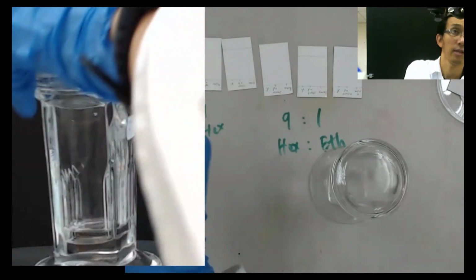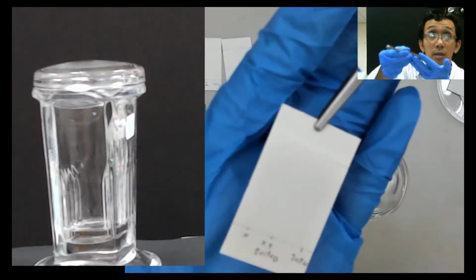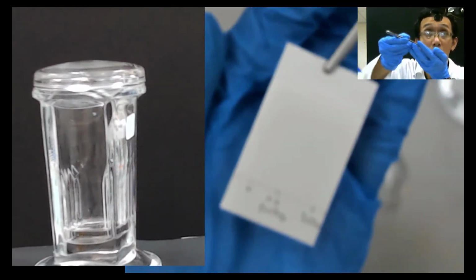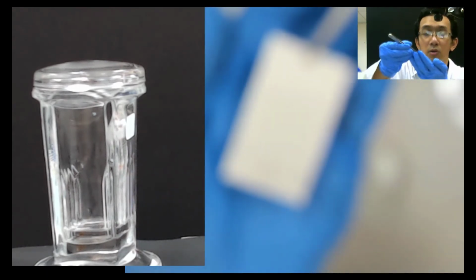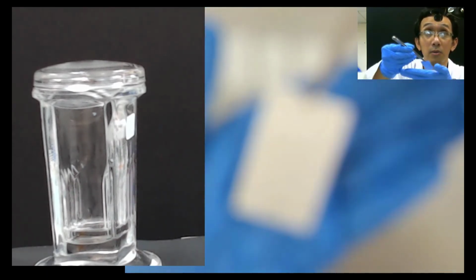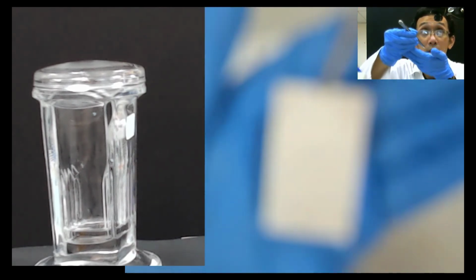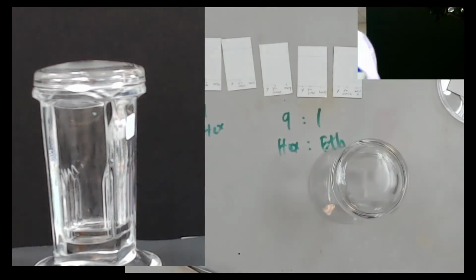So we take it out. Okay, if you see under here, can you see here? I don't know whether you can see. I think it's already dry. So this is one of the problems of using this thing. It's already dried, I think. But it's okay. We're done with this. Let me set the camera so that you can see better.